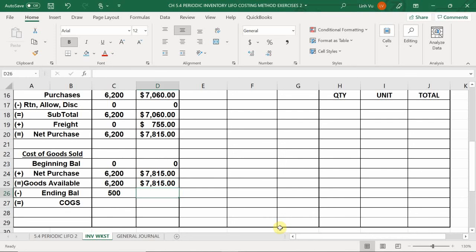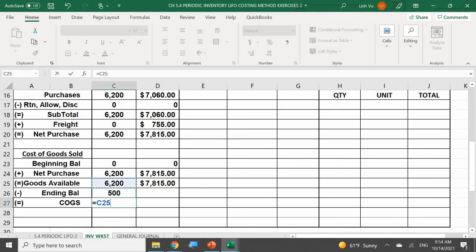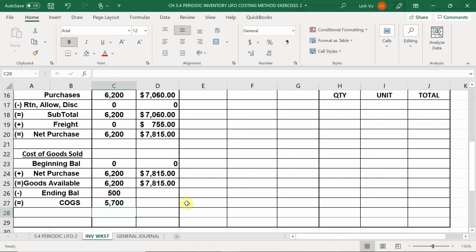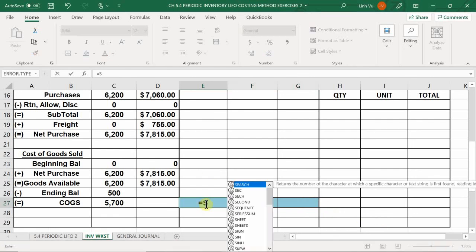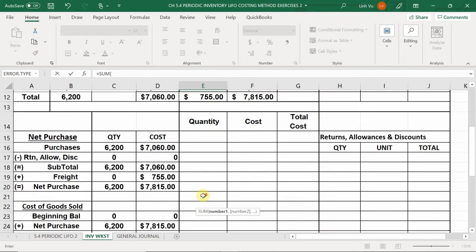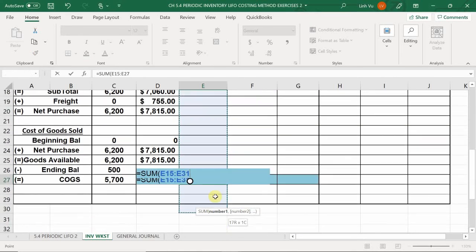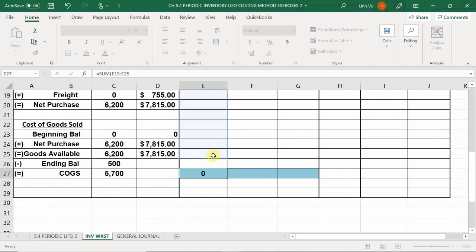So in this case, my assumption is I must have sold a total of how many units? 5,700 units, okay? So once again, I'm going to make my equal sum column here, and so I can solve for my total cost of goods sold here, okay?